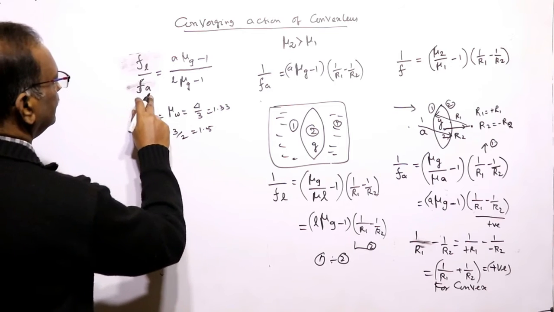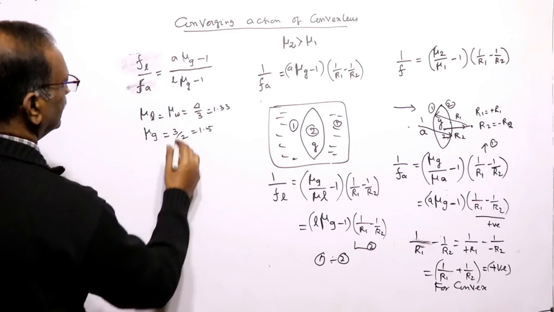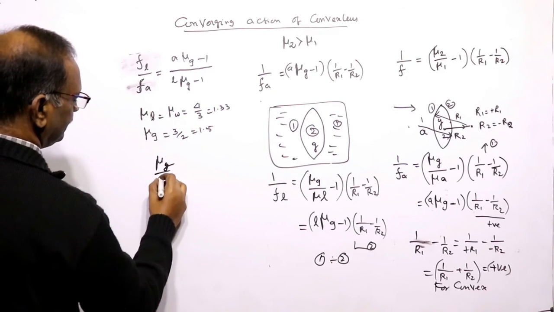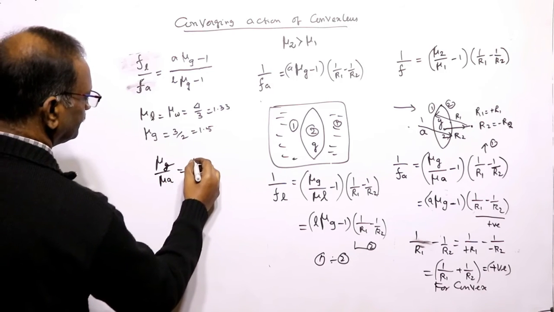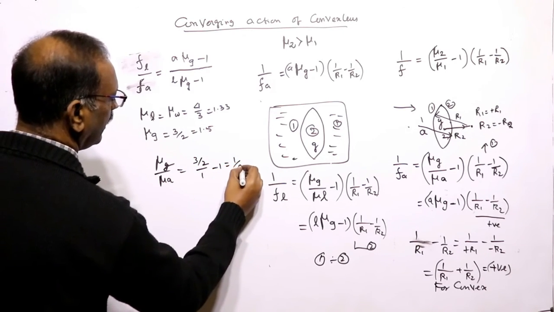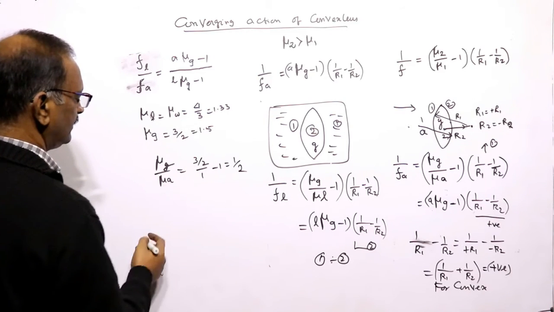Now, the refractive index of glass with respect to air is 3 by 2 divided by 1, minus 1, which is equal to half. 3 by 2 is 1 and a half, minus 1 is equal to half.